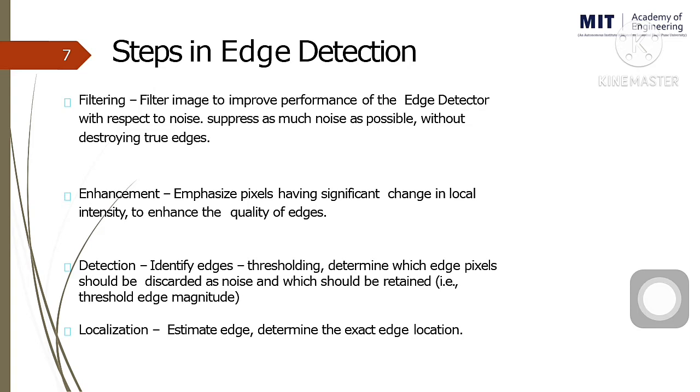Filtering improves the performance of the edge detector with respect to noise, suppressing as much noise as possible without destroying true edges. Enhancement emphasizes pixels having a sufficient change in local intensity to enhance the quality of edges. Detection identifies edges by thresholding the edge magnitude.